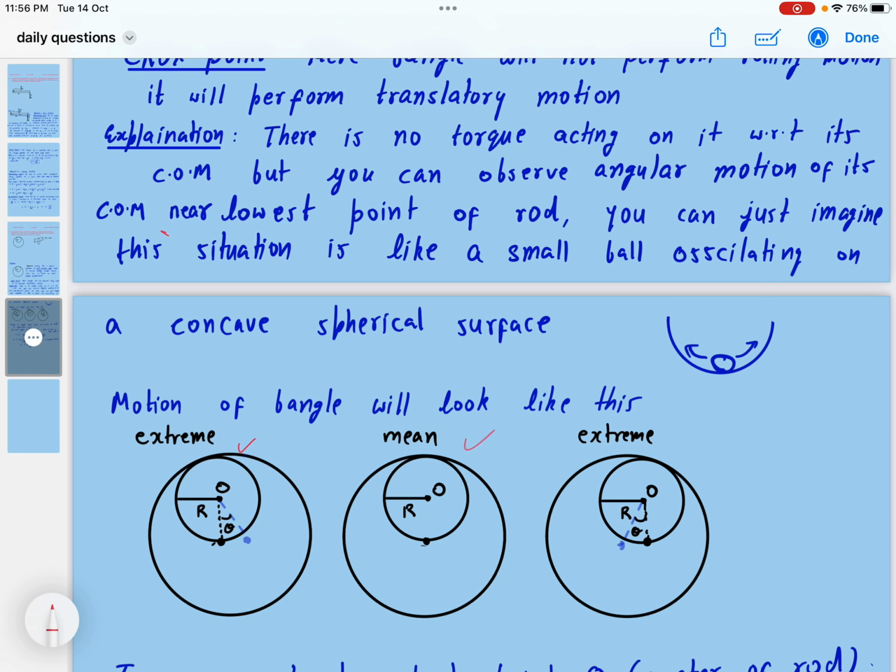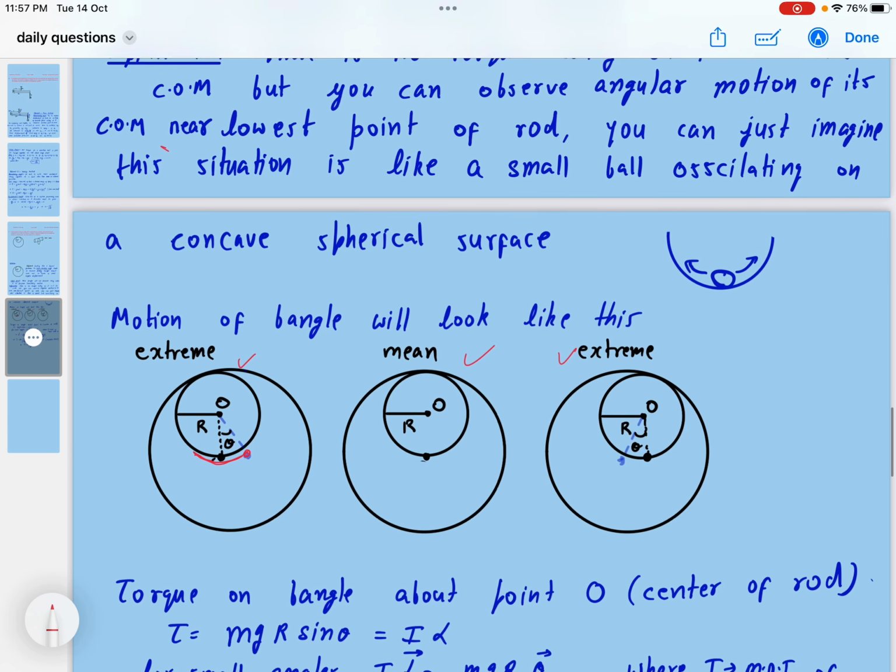At the mean position it has some velocity, because of which it will rise up again on the other side. That is the other extreme position, and this motion is going to repeat. It is just like the center of mass of the bangle performing oscillatory motion about point O.